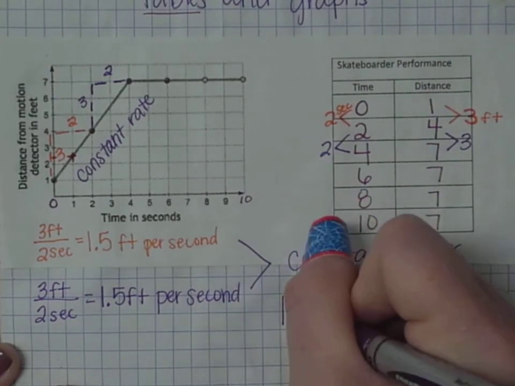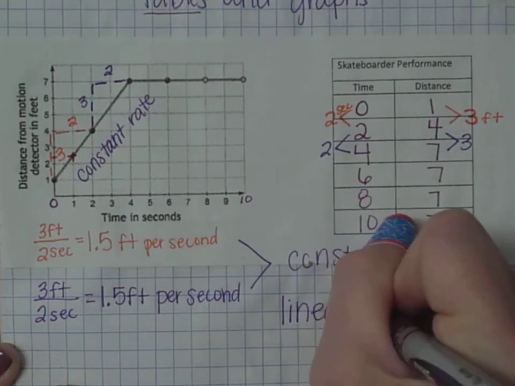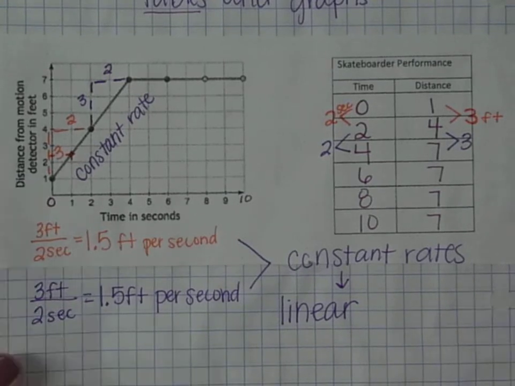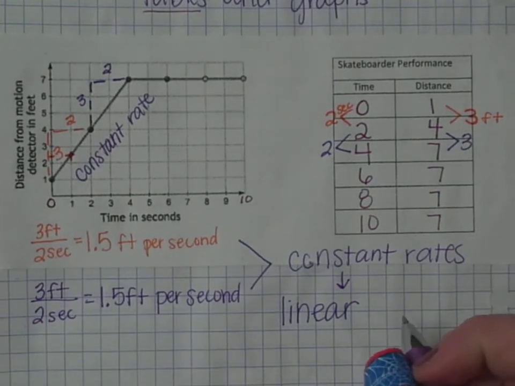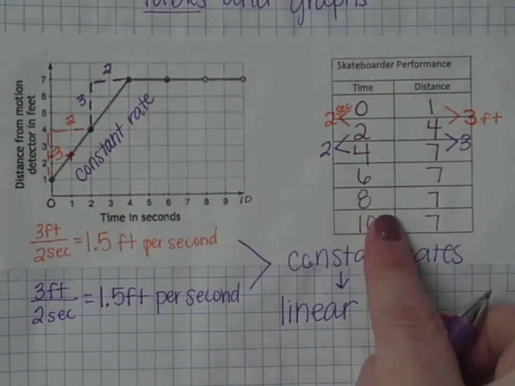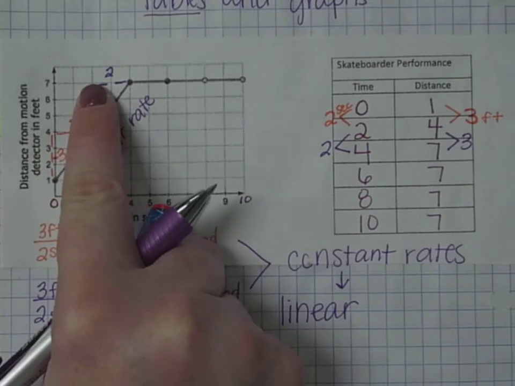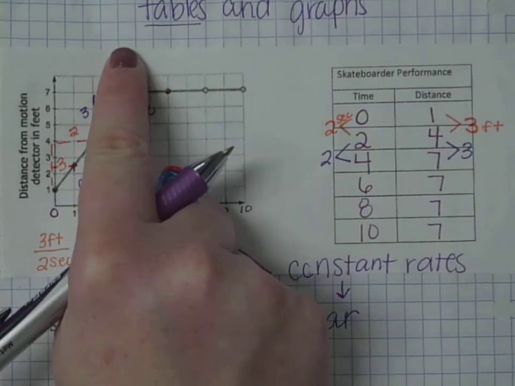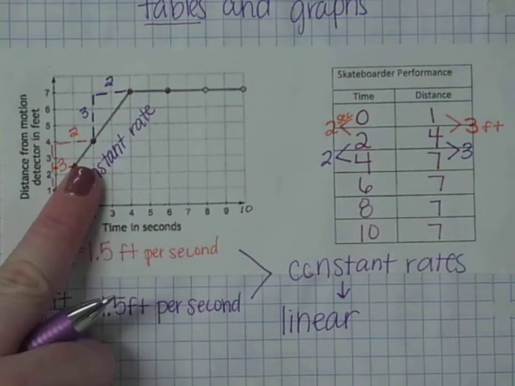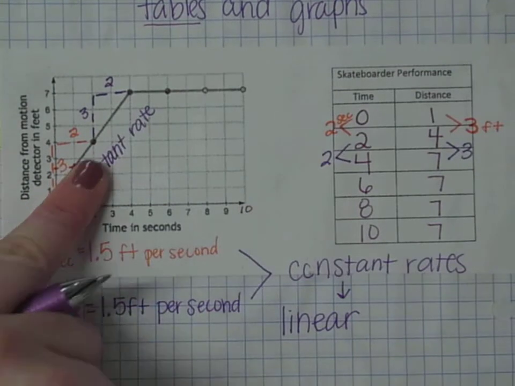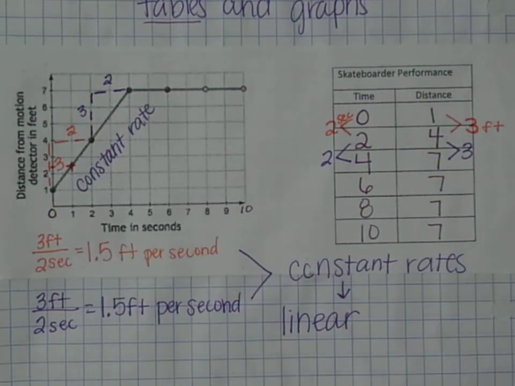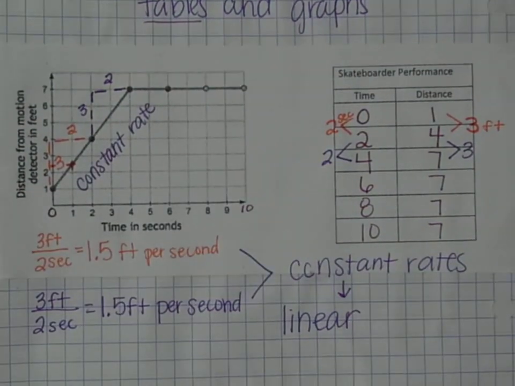Means it is linear, it's linear. So if it has a constant rate, notice that means it's going to keep going up and over the same amount each time. So if it went up another 3 and over 2, it would still be a straight line because it would continue that pattern.